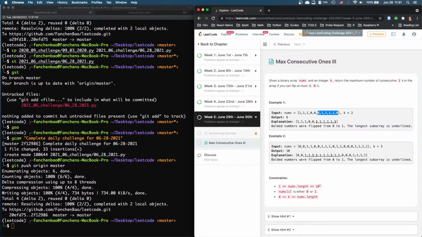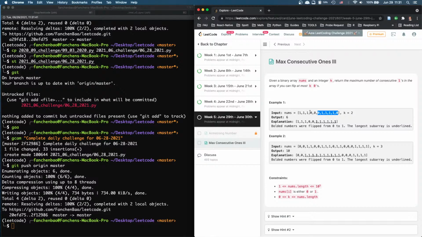Once we reach the first 0, we know the current consecutive is 3. So I can call the remaining k equals 2, and we can also call it k equals 1.